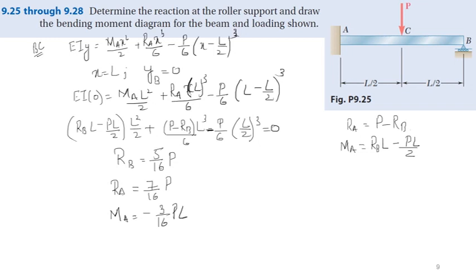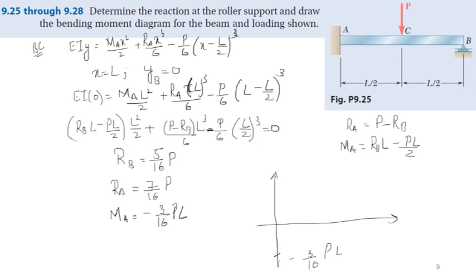Okay, now you have all the reactions and forces acting on this beam. You can draw the shear force and bending moment diagram. The bending moment diagram will start from minus 3 by 16 PL.